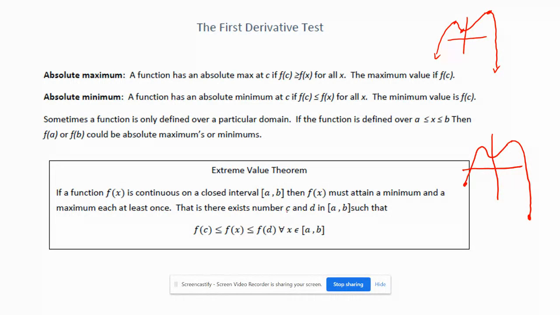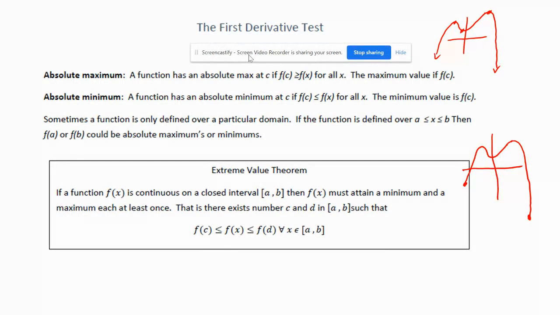That is, there exist numbers c and d such that f of c is less than or equal to f of x, which is less than or equal to f of d, for all x an element of [a, b]. Just a lot of weird notation here, guys. This upside down A means for all. This weird E means an element of.